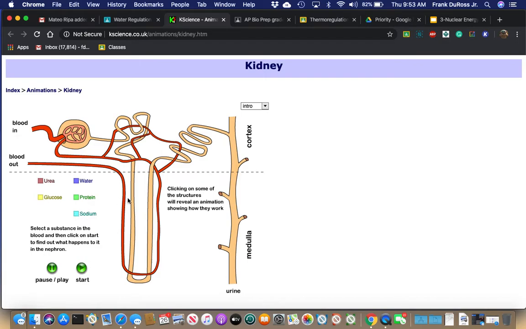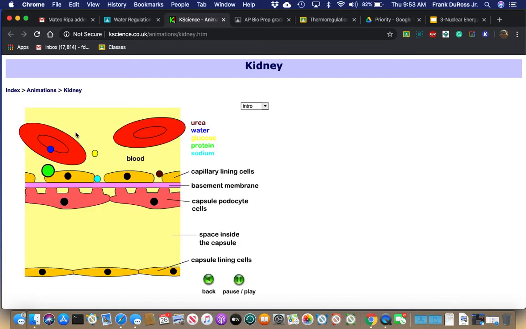Okay, so we've seen each of those substances and what happens to them. We can look here as well. What you're seeing is the part inside the capsule. This is the blood, and we see what happens to some of these molecules as they enter the capsule.